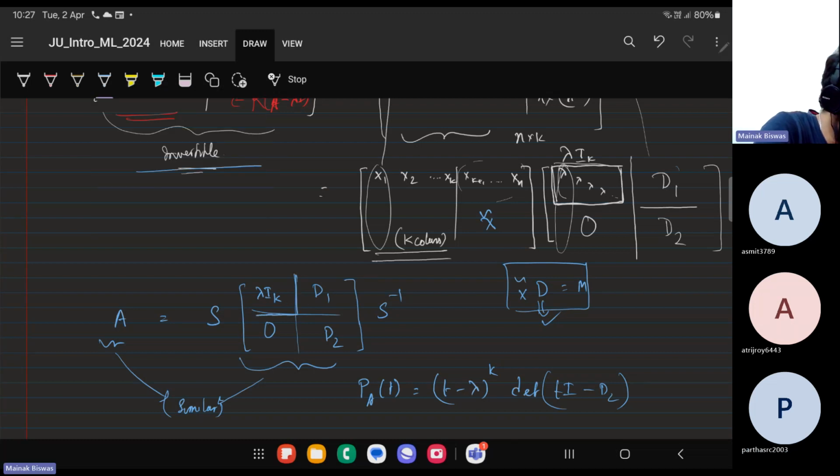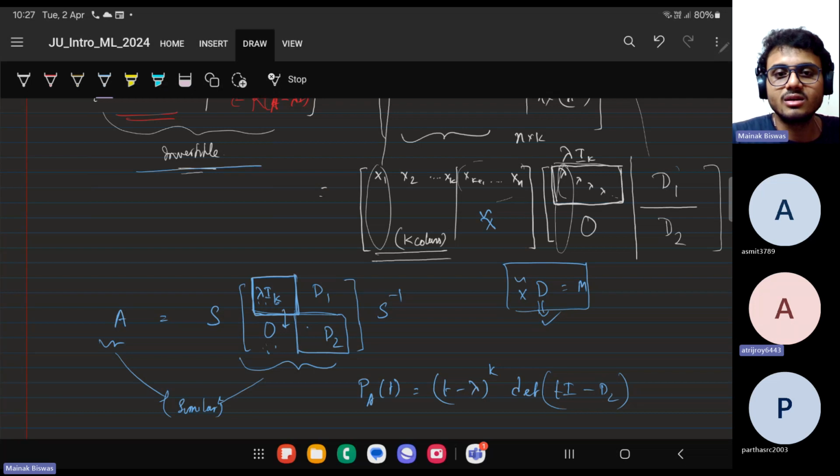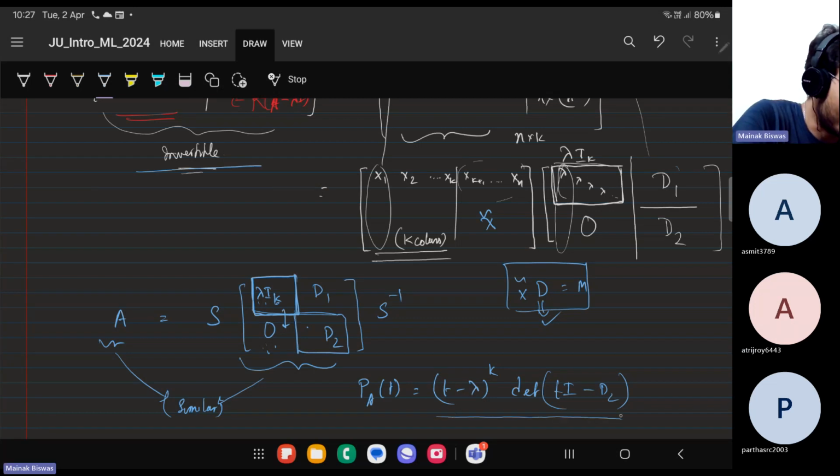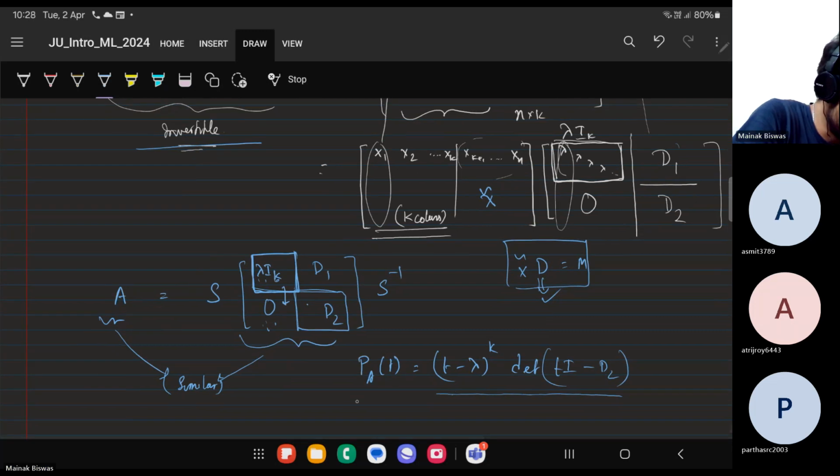Block diagonals. This is why I was teaching block diagonal matrices. You can take the determinant of this into the determinant of this if you expand with respect to these two diagonals. Yes or no? All determinants are recursive in nature. That's why these block diagonal partition matrices are useful. So the characteristic polynomial will be equal to determinant of tI minus.